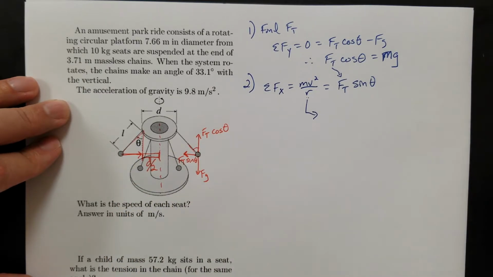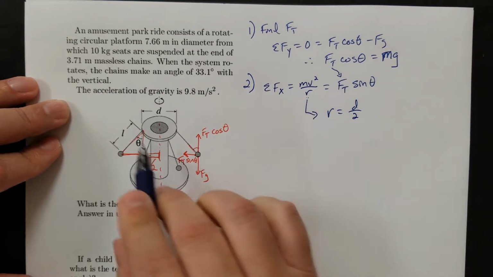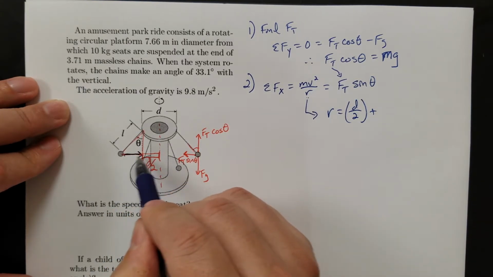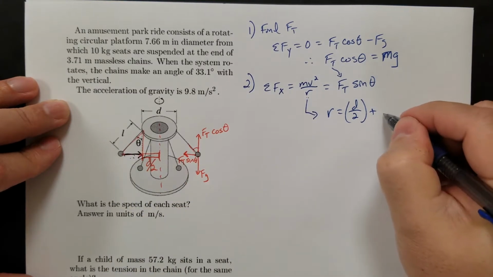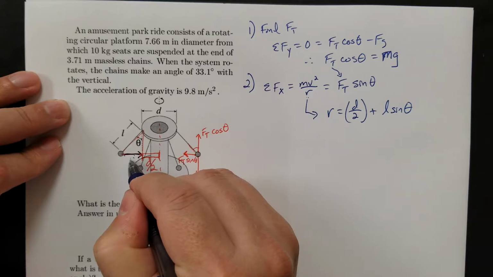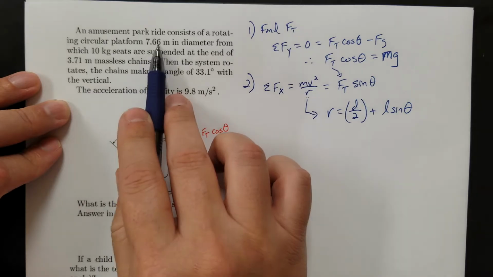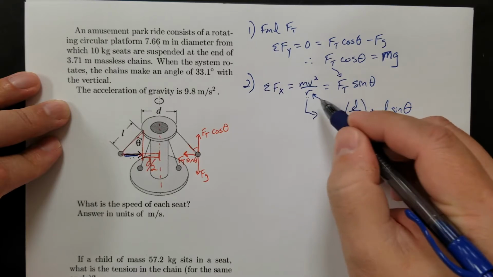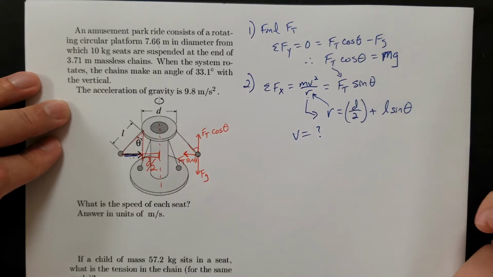So r is going to be equal to the diameter divided by 2, plus this piece right here of that triangle. This is opposite, so that's sine. So this is L sine theta. If I do L sine theta, I'll get this piece right here. Then I can do the diameter divided by 2, add those two together, that's r. And then I can take r, that plugs in here. Now I can solve for v. I can rearrange this equation because I figured out F_T.